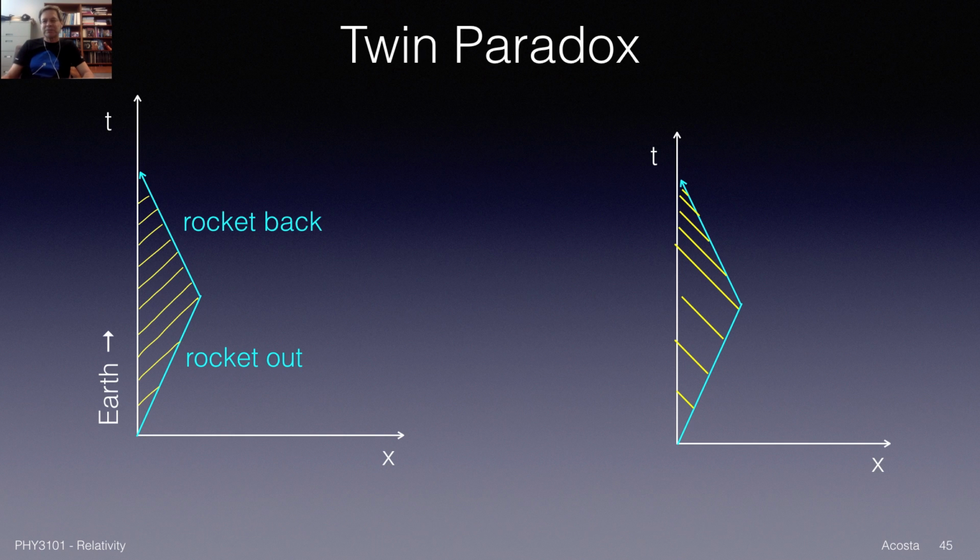All right, so the conundrum is, which twin is younger when the rocket returns? We've learned about time dilation. So as the twin recedes from the Earth on the rocket, traveling away at a speed at least comparable to the speed of light, not exceeding it, the clock on that rocket will appear to run slow compared to the twin on Earth.